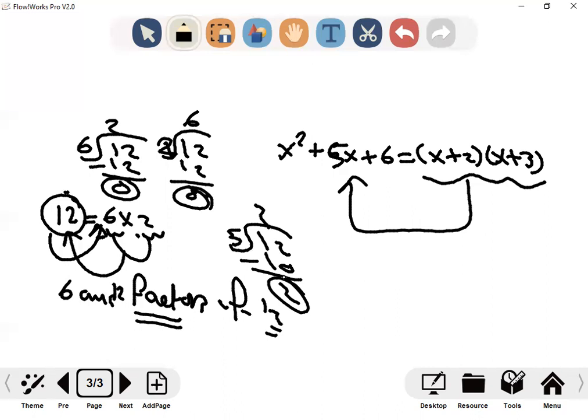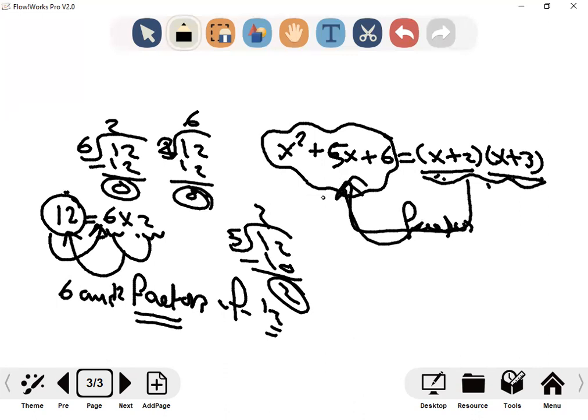Okay? So here, this equals this multiply this, right? This means these are factors of this. If you divide this by this, the remainder should be 0, and the answer is the other one.